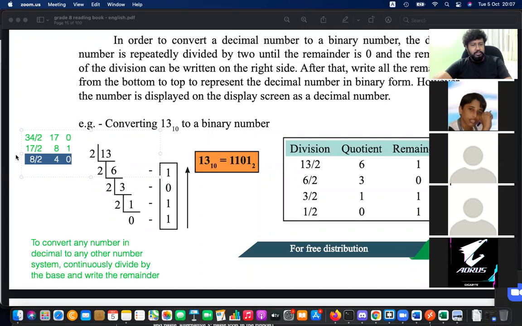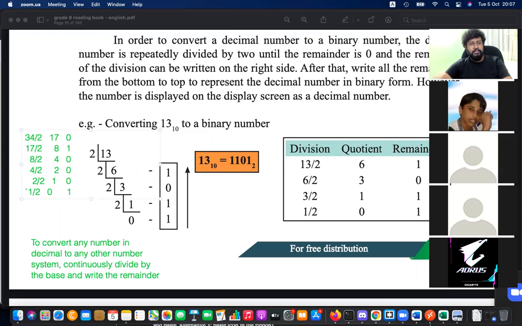Then let's divide 4 by 2. 4 divided by 2 is 2 and remaining is 0. Then you have to divide 2 by 2. 2 divided by 2 is 1 and remaining is 0. Then you have 1. 1 divided by 2 is 0 and remaining is 1.